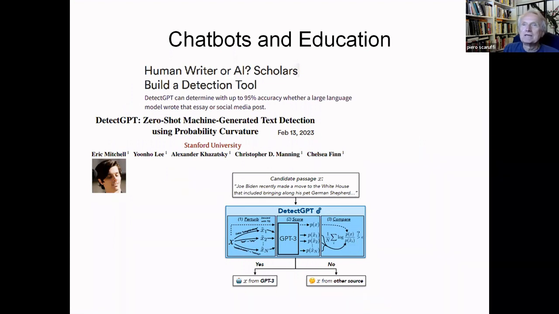Now the fear is, oh my God, the students will cheat using ChatGPT to produce text and so on. I think as usual, the goal here should be to teach humans how to use tools properly. That includes teach children how to use tools properly. But anyway, technology can help.